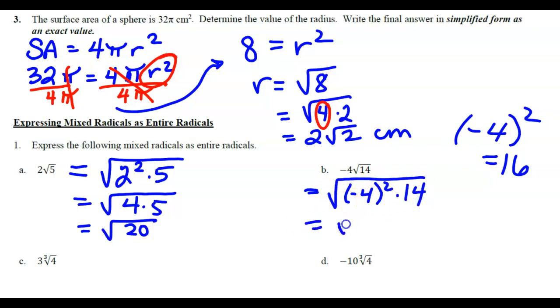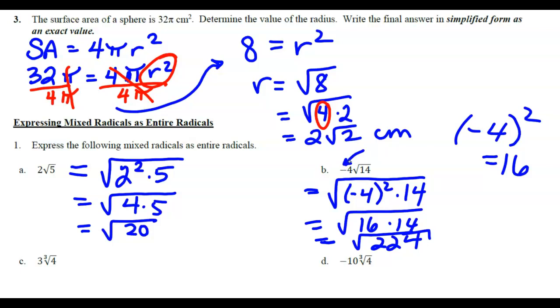I would get 16 times 14, which is a positive number, right? What is 16 times 14? 224? Well, if I take the root of 224, I get a positive. This says it's a negative.